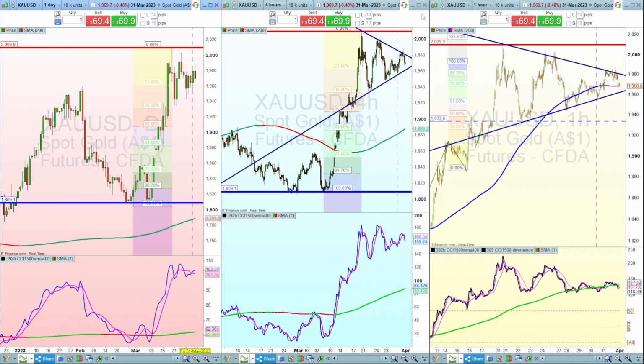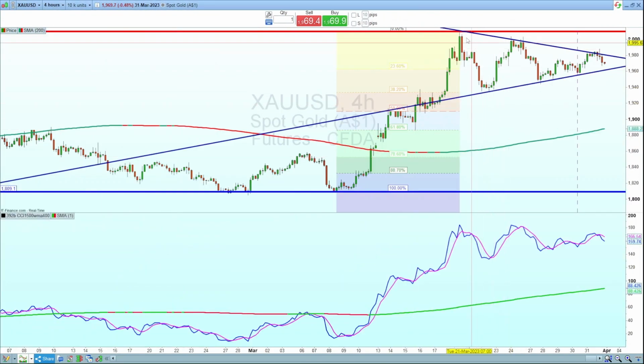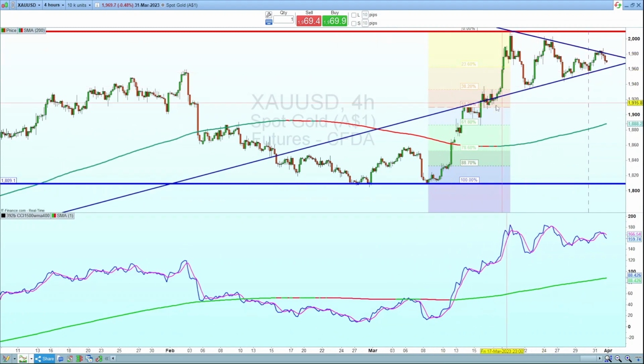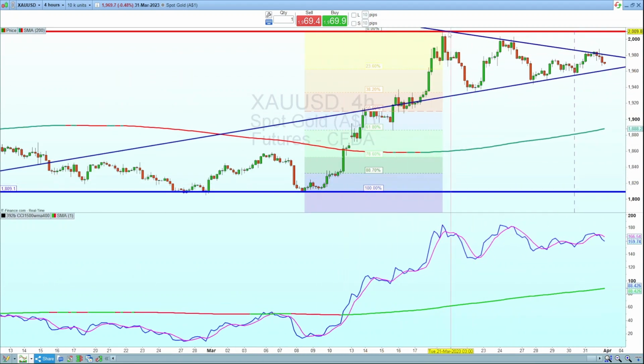On the 4 hourly, I've drawn these two ascending and descending trend lines, forming this wedge. But outside of that, you can see there's a key resistance area up there and a key support area down here. And in the distance between those lows and those highs, you can see it initially bounced off that 38% retracement, as I said, and now it's fluctuating in that 23%.